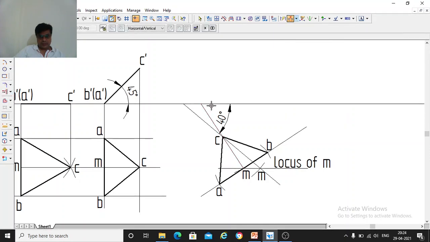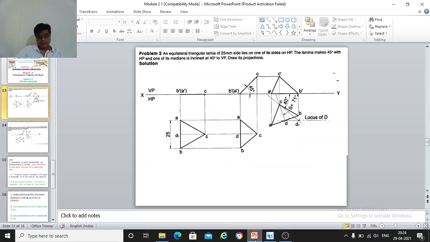So you measure this angle now. It is 57 degrees.